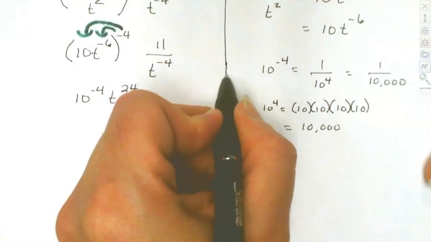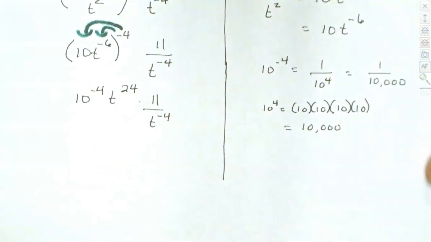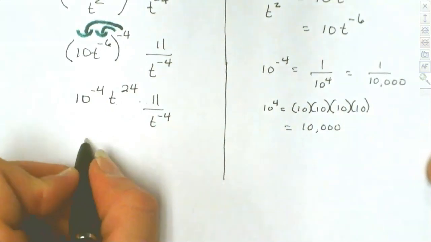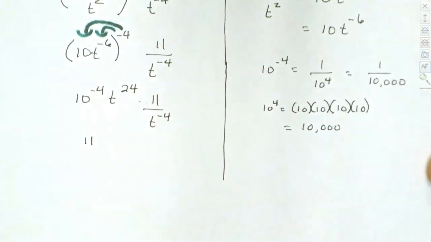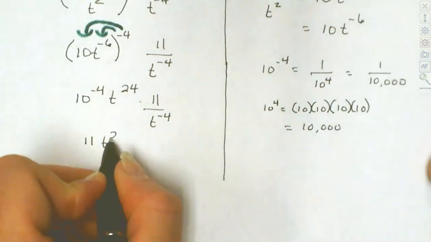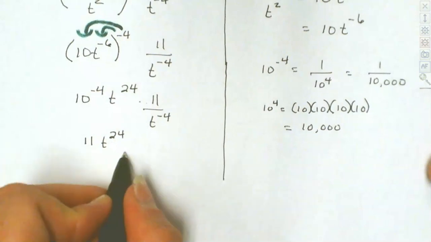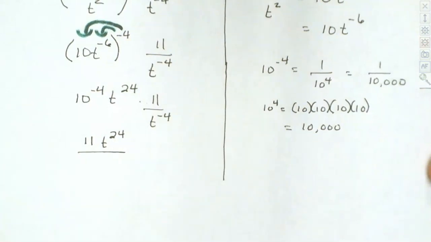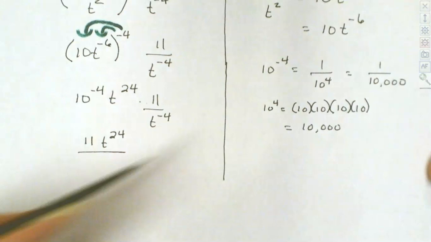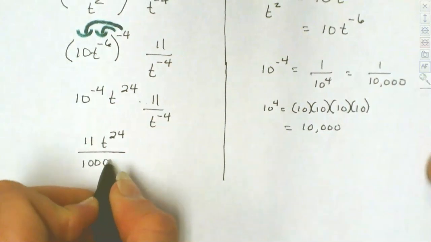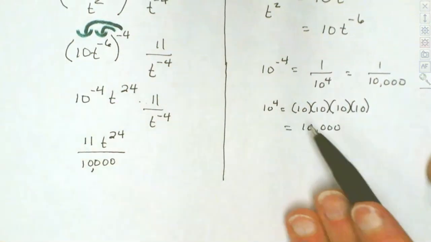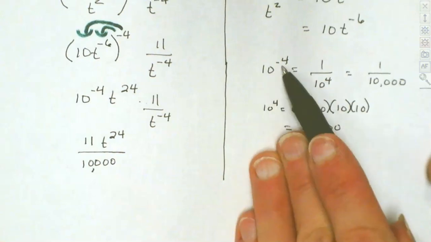So let's go ahead and rewrite that now. So let's see what we've got. We've got the 11. It's going to stay there. We've got a t to the 24th power on the top. Down below, we've got 10,000. That's our 10 to the negative 4th power.